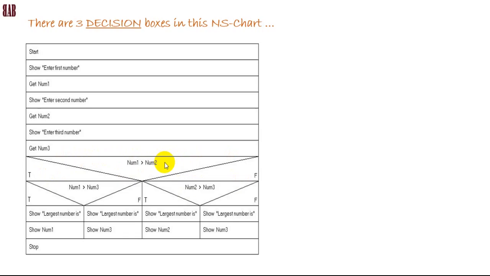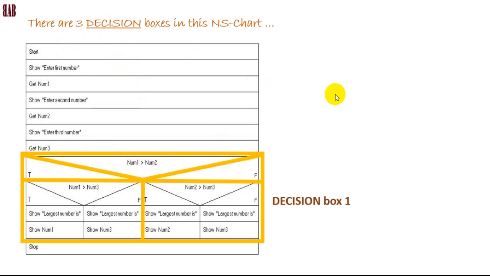So in this NS chart I have three decision boxes. This is the first one, which is the main one. After getting num3, you will be entering into this, and every decision box will only have two outcomes, true or false. The true outcome is on this side, the false outcome is on this side.